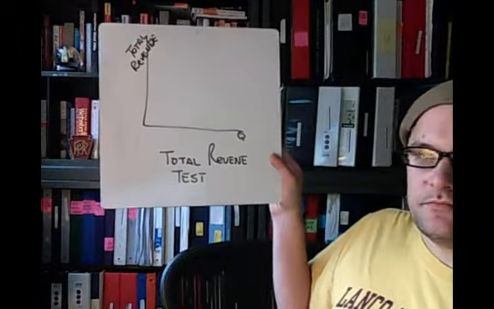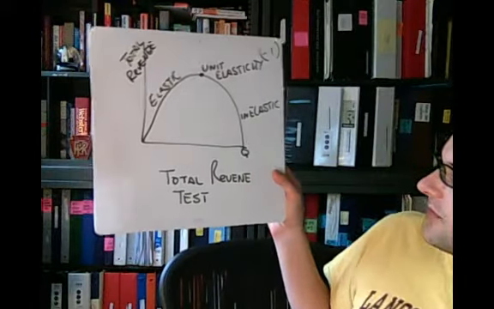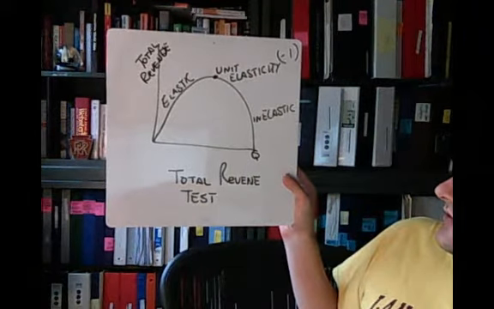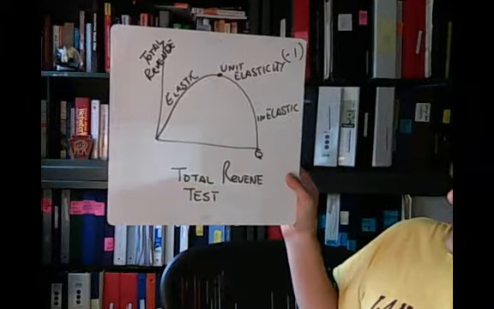So on the y-axis, I'm going to put total revenue. On the x-axis is going to be my quantity. And what we're going to see here is a total revenue test where the elastic region rises to unit elasticity and then inelasticity.